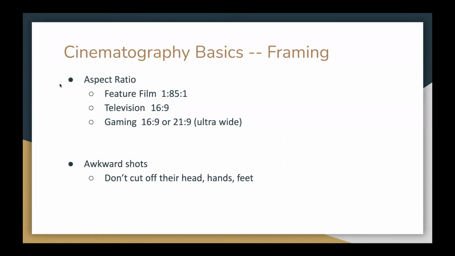It's an easy mistake to make. So it's unfortunate when people make that mistake. So keep in mind what your aspect ratio is, so that when you start to do these types of shots and it gets converted to different things, you don't accidentally cut off the tip of someone's head or their fingers.